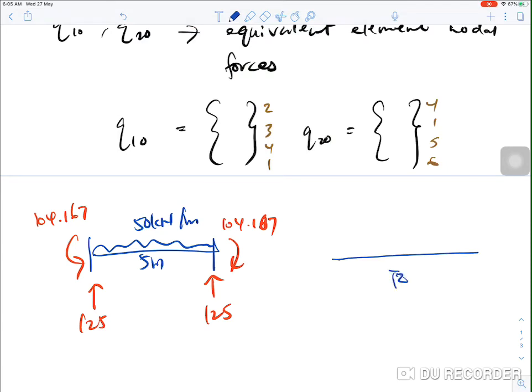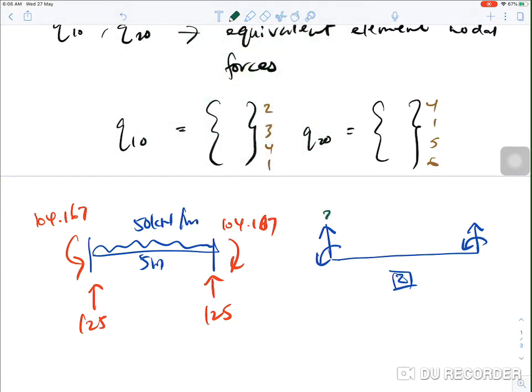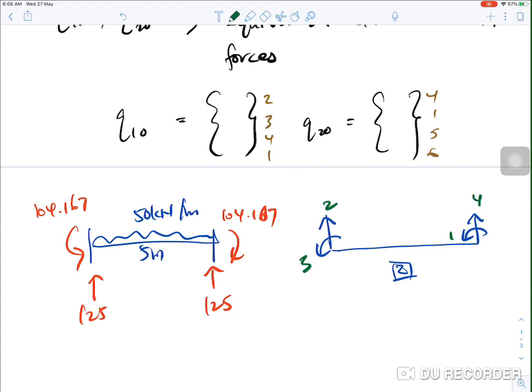Okay, for element number 1, the degree of freedom label is 2, 3, 4, 1. So we need to fill in the values.